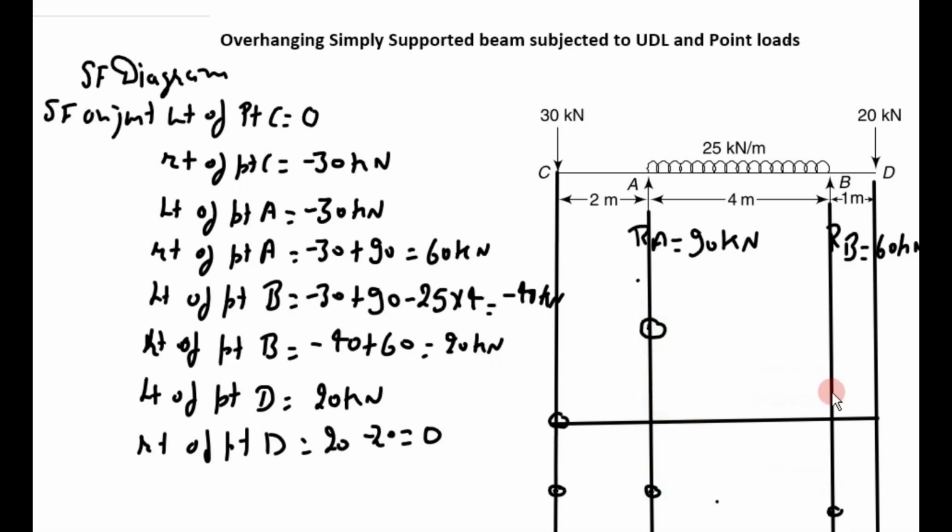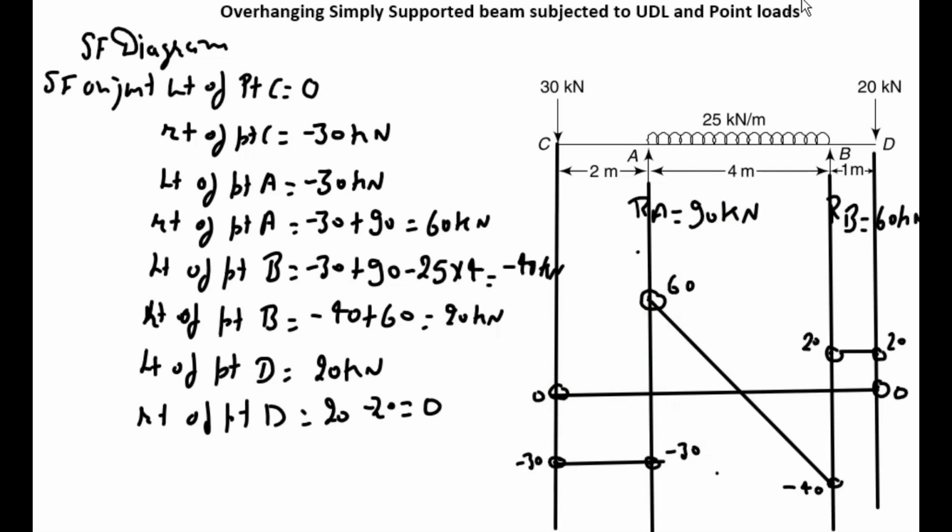Then B plus 20. Then D 20 and 0. So now join all these points with straight lines. After joining all these points, we get our shear force diagram. So this is our shear force diagram.